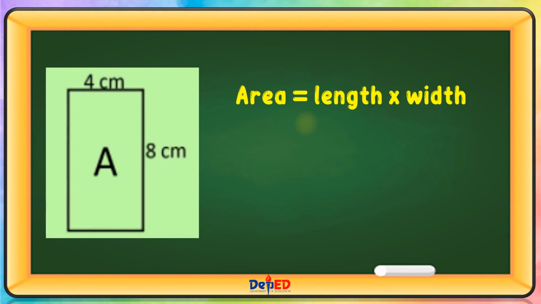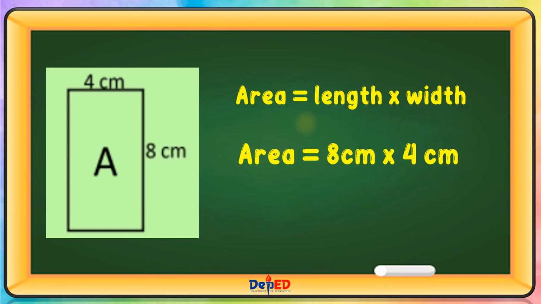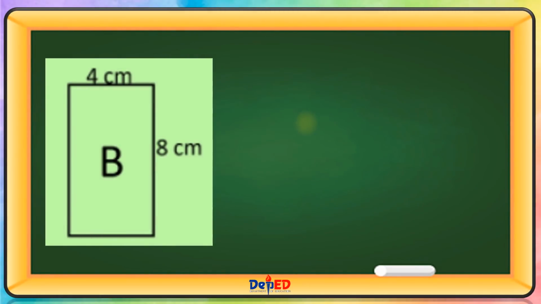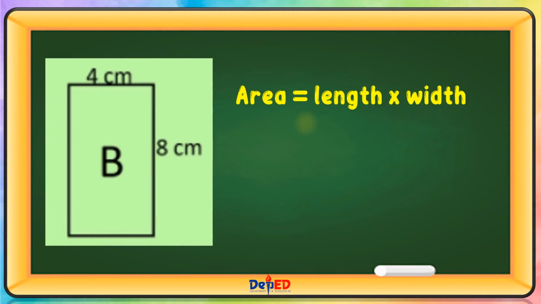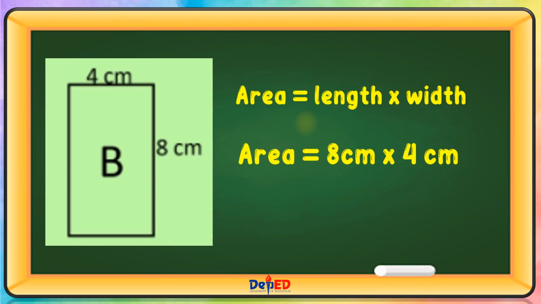Area is equal to length times width. The length is 8 cm and the width is 4 cm. The area of this shape is 32 centimeters squared. Area is equal to length times width. 8 cm times 4 cm equals 32 centimeters squared.